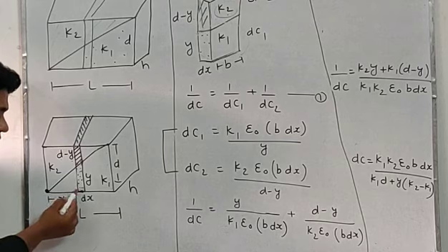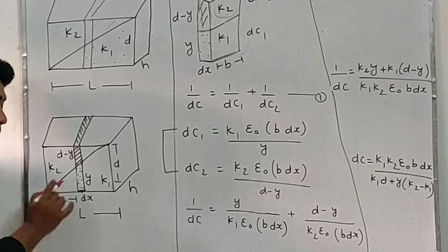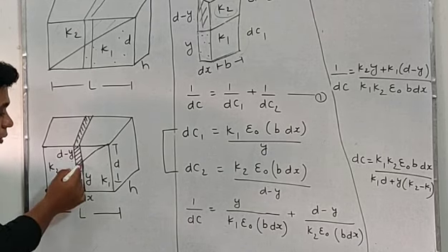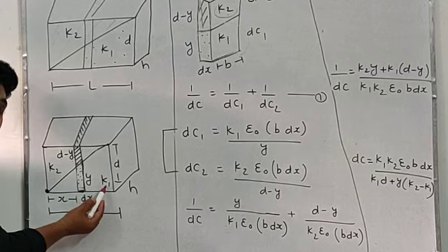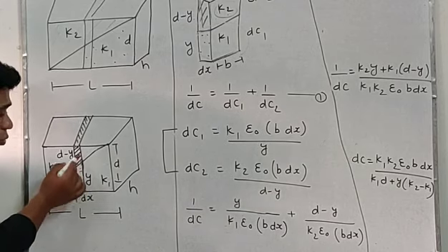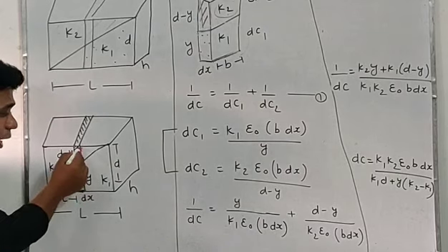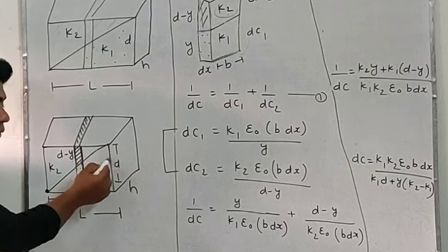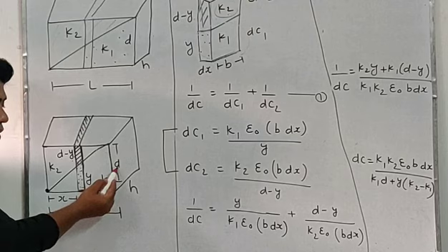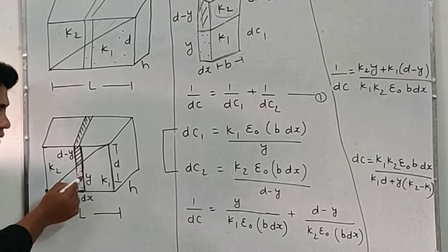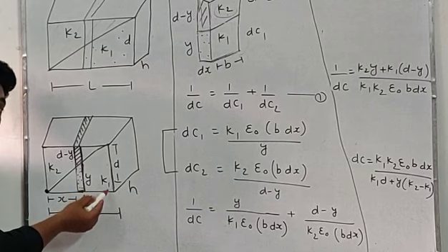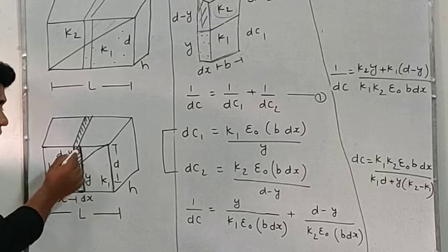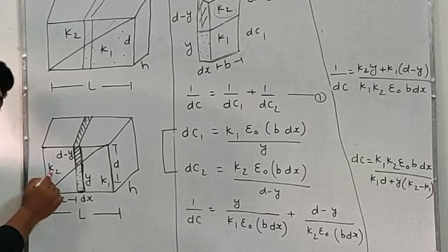The most important thing: the depth of the dielectric medium with dielectric constant K1 is y, so the thickness of the other medium should be d minus y. The total distance is d, y is the depth of the medium with constant K1, and d minus y is the thickness of the medium with dielectric constant K2.